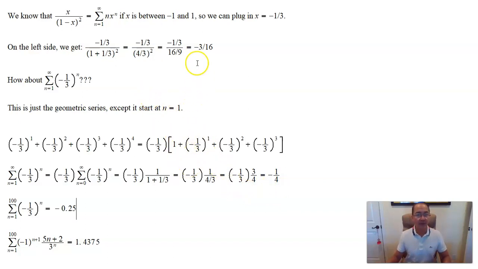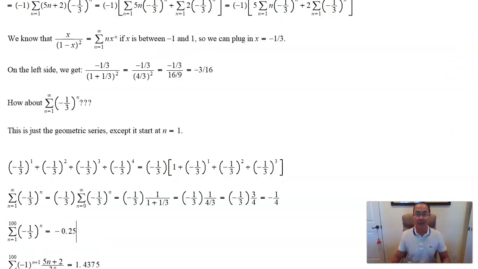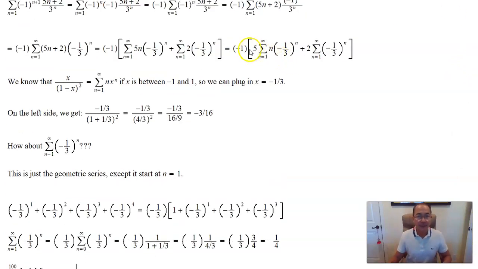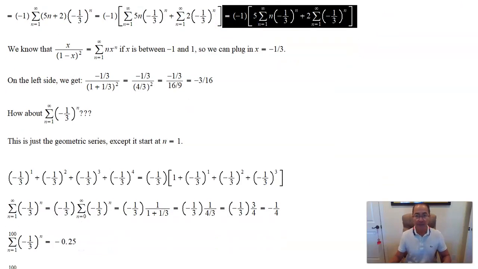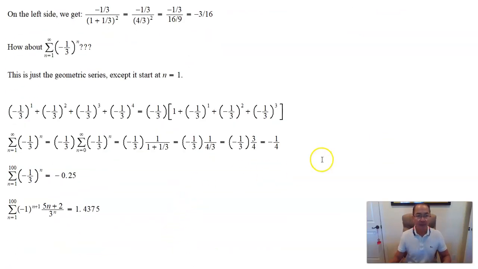Okay, so we know the two parts. The first is minus 3 over 16, and the second is minus 1/4. All right, we are ready to put them together. So we stop over here, and let's put it over here.